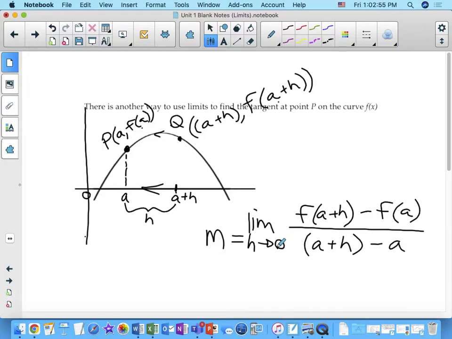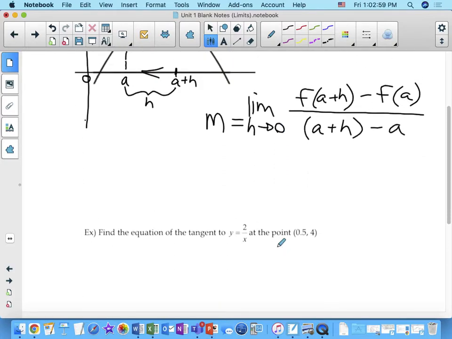Okay, now why is this a problem? Well, if you look at the denominator, a plus h minus a is just h. So if I have an h in the denominator, I can't put a 0 in there.